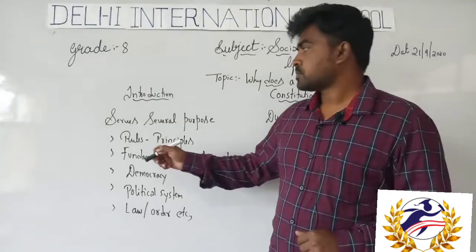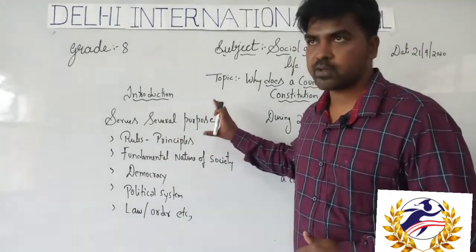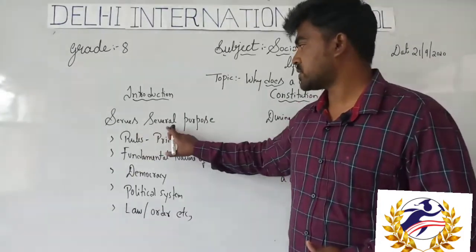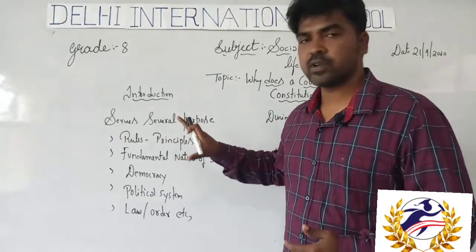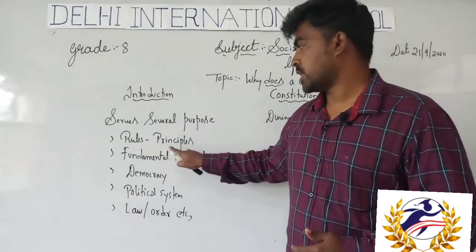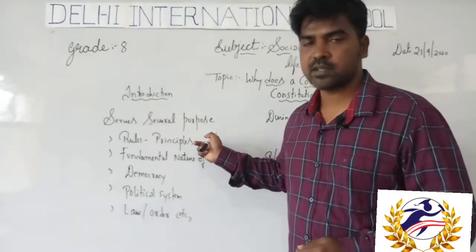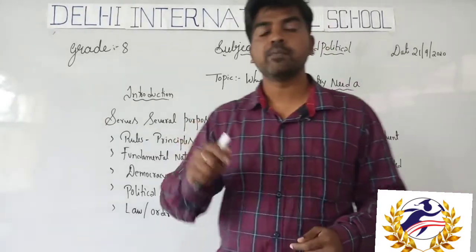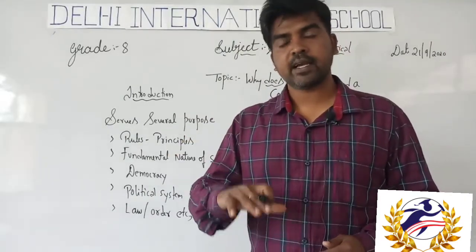Here I have written some important points associated with the constitution. The constitution serves several purposes, not only one thing but many. For example, rules and principles. Voting power is only for those 18 years and above.